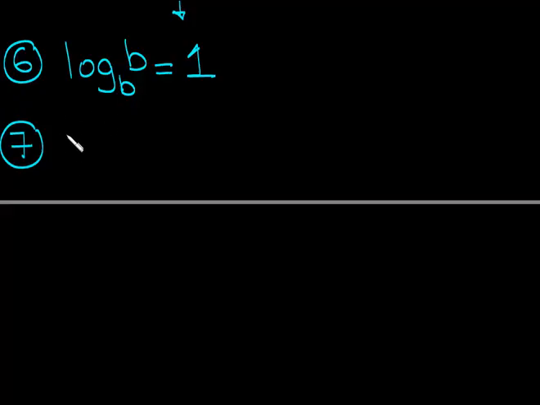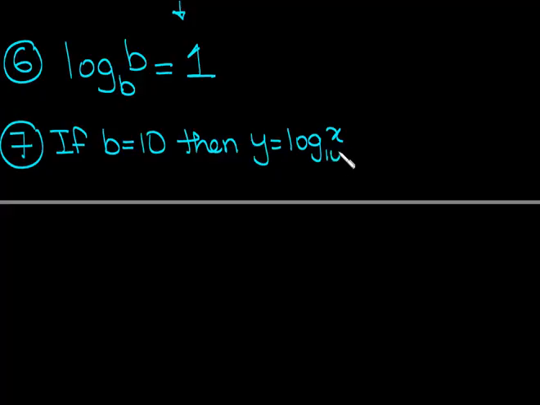Okay. Next property of logs is the base property. So let's take a look at that. If b is equal to 10, if the base is 10, then we write y is equal to log of x base 10, which is the same thing as just log of x.